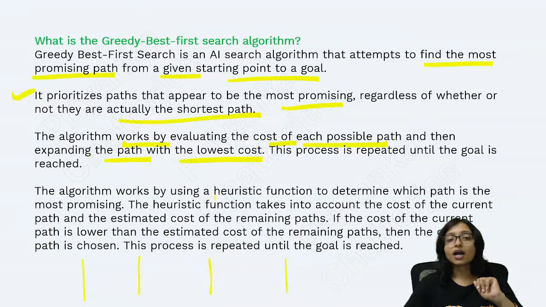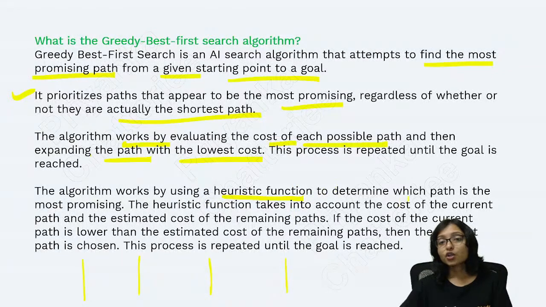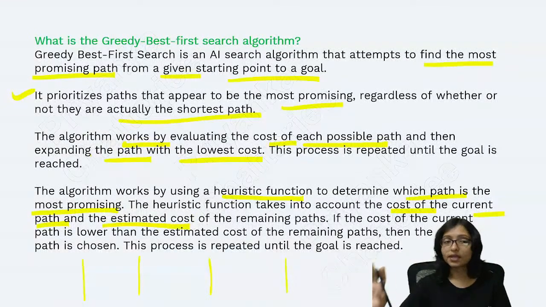The algorithm works using the heuristic function. Here in greedy also we are using a heuristic function to determine which path is the most promising. The heuristic function takes into account the cost of the current path and the estimated cost. Both the current path and the estimated path will be the main concern of greedy best first search.